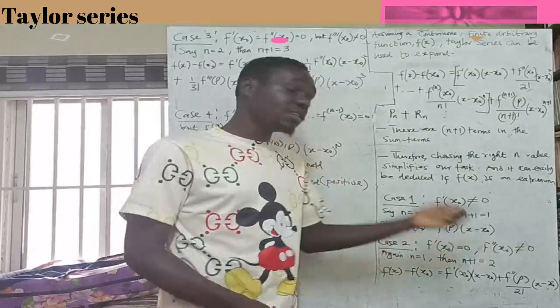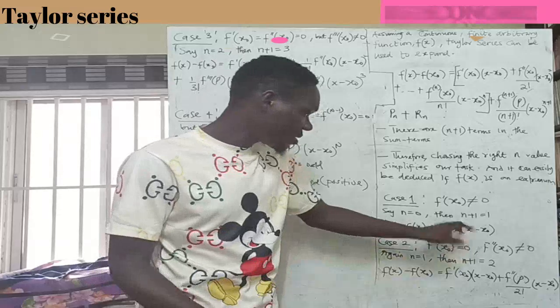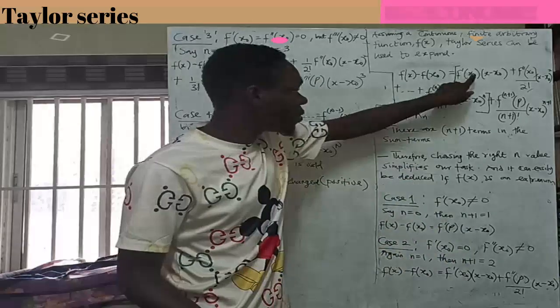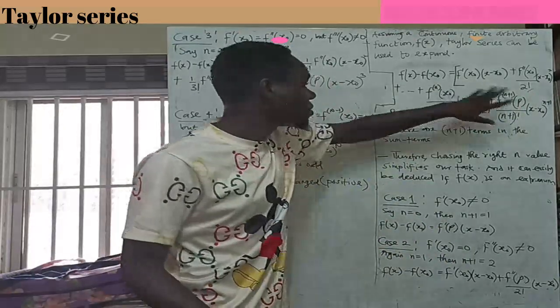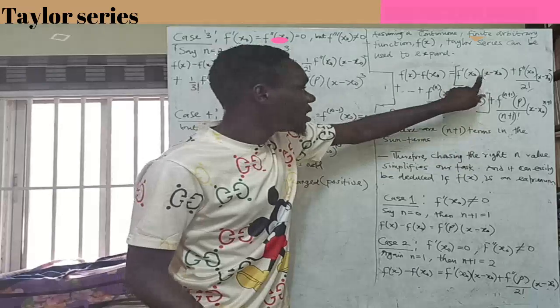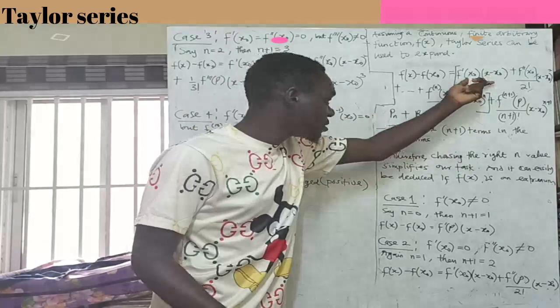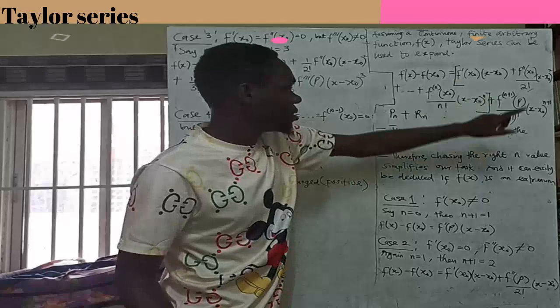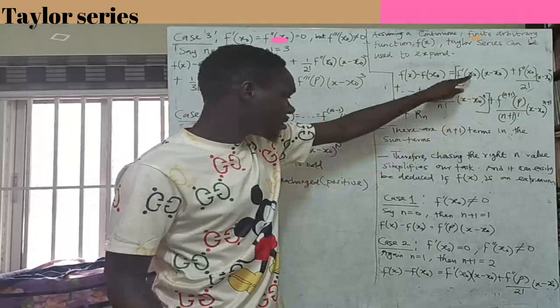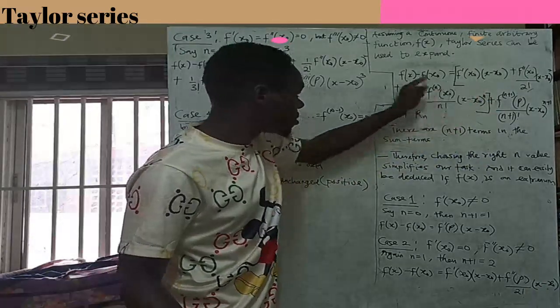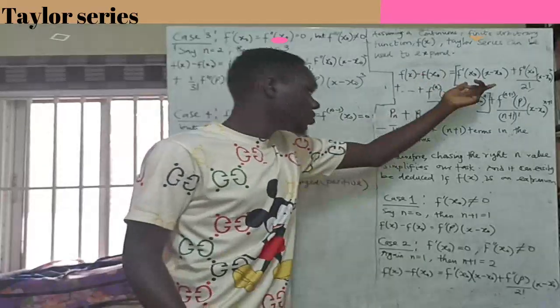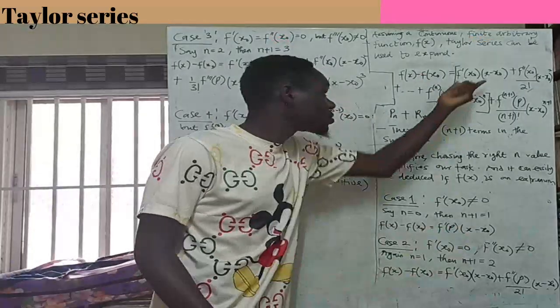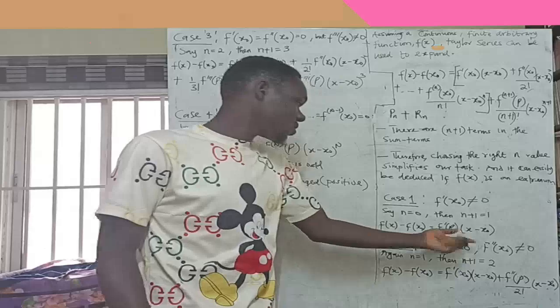That means we'll only be having a single term outside after rearranging. When you place 0 as our value, you have just this. So if you take this to the other side, this is already the function. It means you are just having the first order.